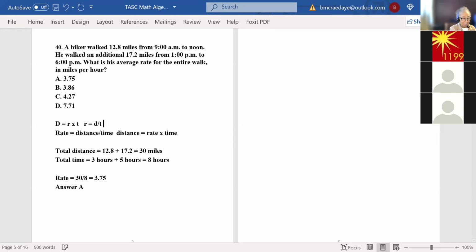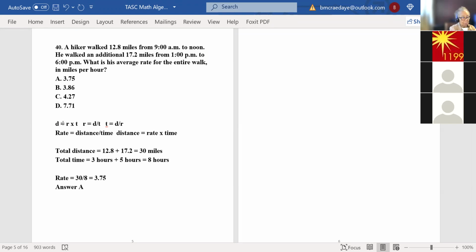And what would time be equal to? What would T be equal to, Vanessa? Using that same formula. So time would be equal to distance over rate. That's it. Very good.